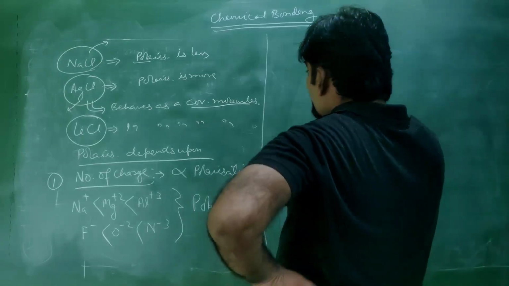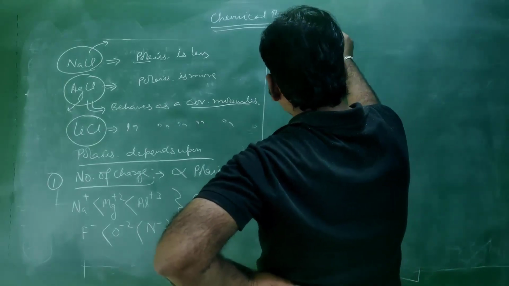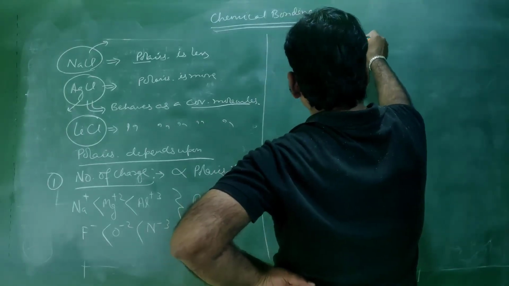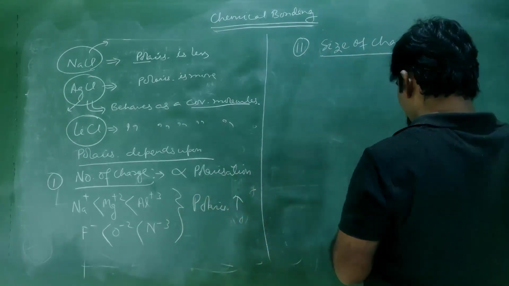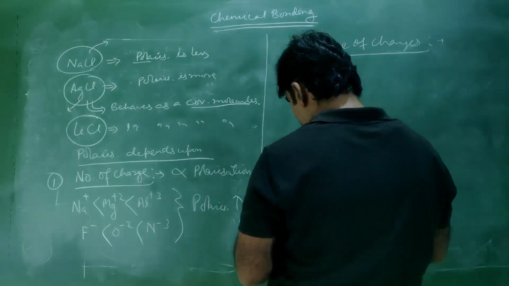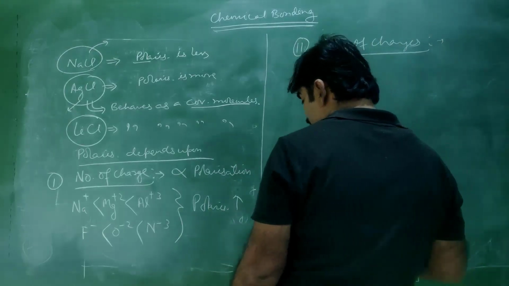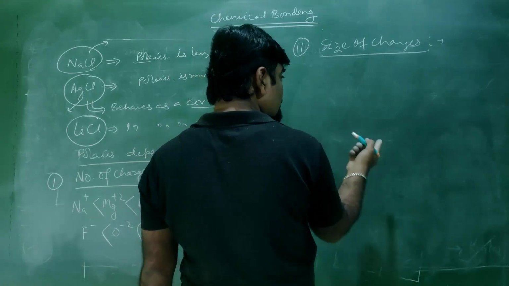Okay. Now, the second factor is the size of charges. What we can say is that the cation has polarizing power.